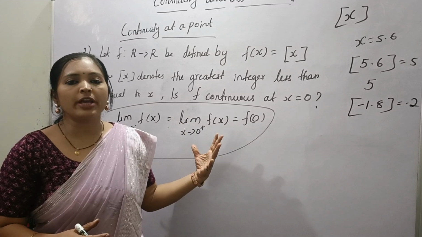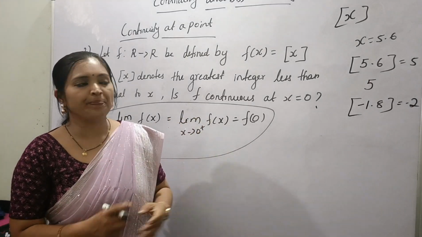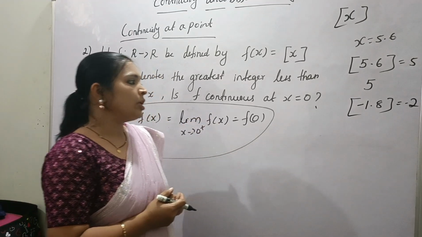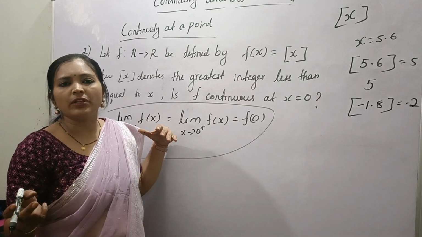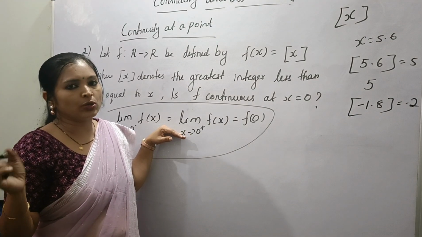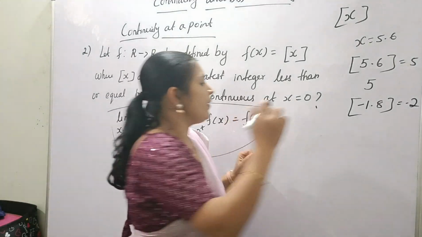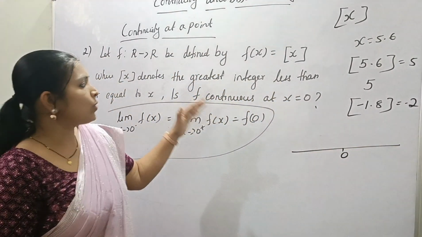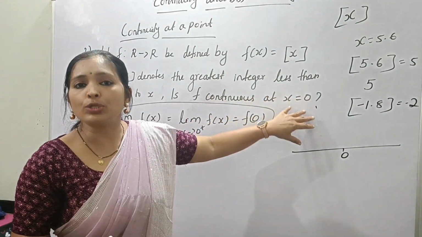First of all, we have to check whether the limit as x tends to 0 of f of x exists. For that we use the left hand limit and right hand limit. If you have any doubts about limits of functions, go through the limit chapter in class 11. Here we have to check whether f is continuous at x is equal to 0 or not.